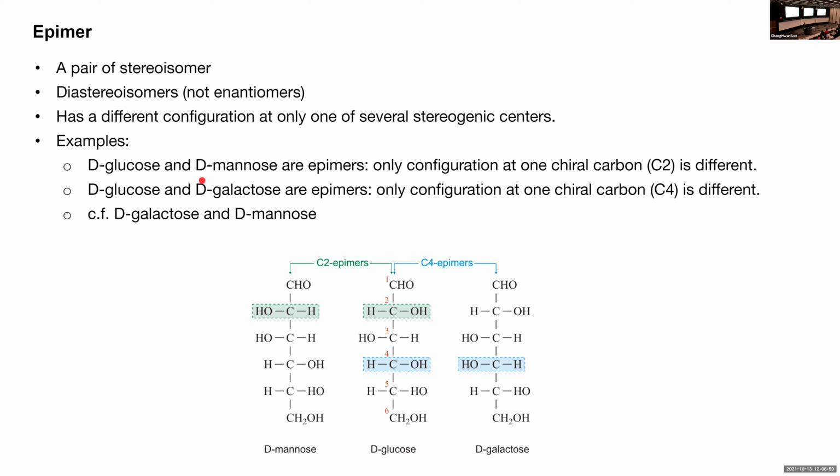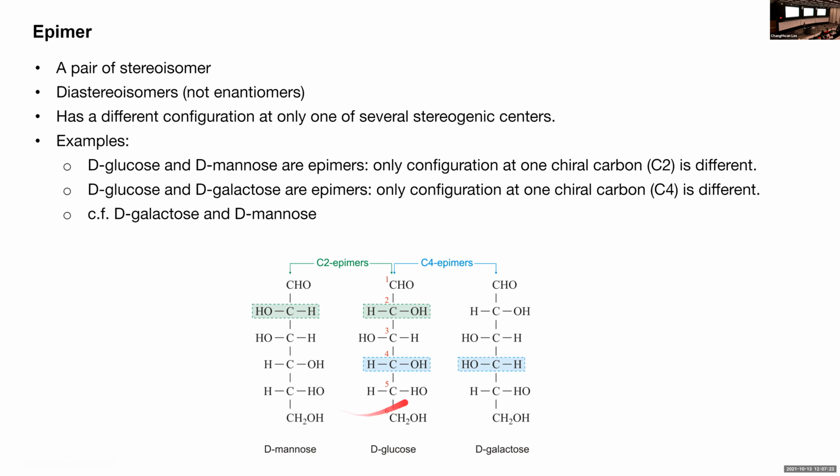But these epimers have only one stereogenic center, or chiral center, that is different in their configuration. Let's take an example here, comparing D-mannose and D-glucose. When you look at all the functional groups, they're the same.